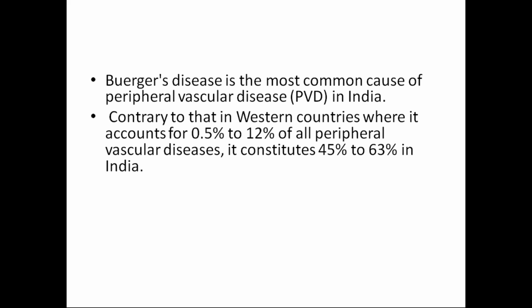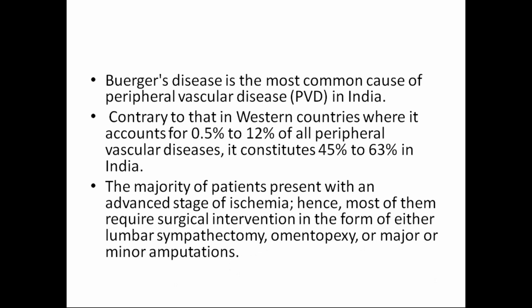Nowadays, Buerger's disease is decreasing in incidence, while atherosclerosis is increasing due to the rise of diabetes. Majority of the patients usually present with an advanced stage of ischemia. Hence, most of them require surgical interventions: omentopexy, amputation, lumbar sympathectomy, etc.